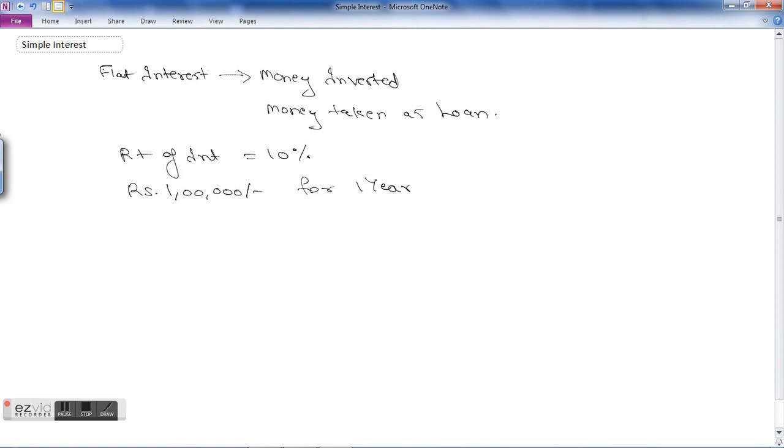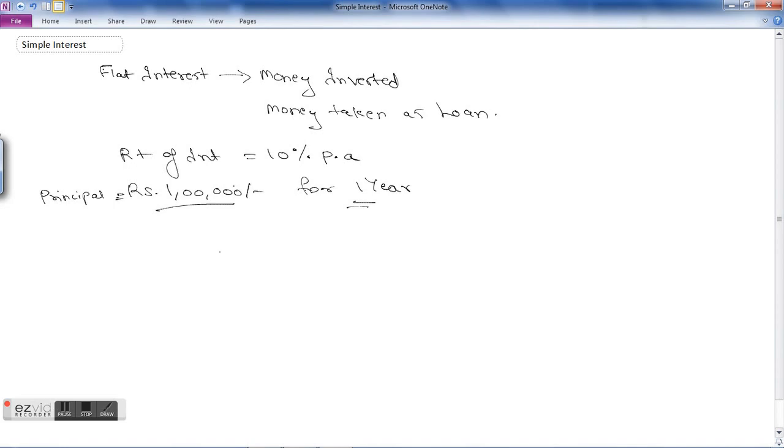Now this rate of interest, when you say 10%, it's 10% per annum, that is 10% for 1 year. This 1 lakh rupees is known as the principal. This is the basic amount which has been invested. And this 1 year is the period for which the 1 lakh rupees is invested.